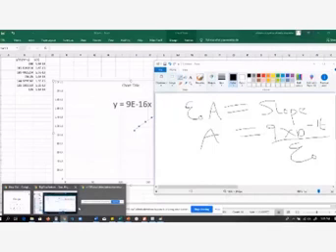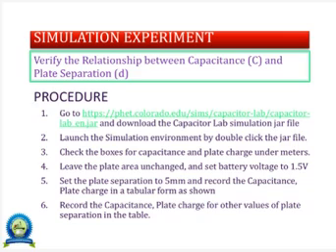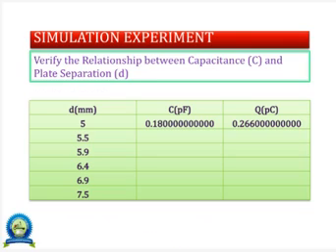Are we together? So I go back to the slide and then I quickly take you through what you have to do. So you have the procedure to follow here, as I've just illustrated for you. And then you complete this table.